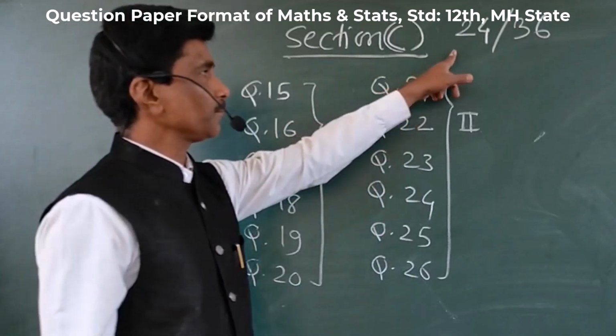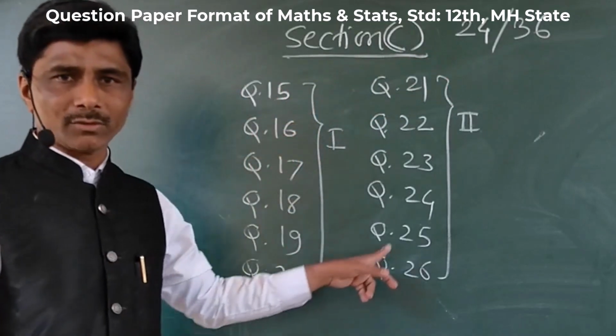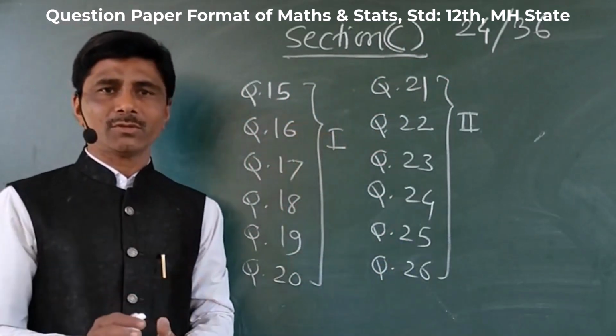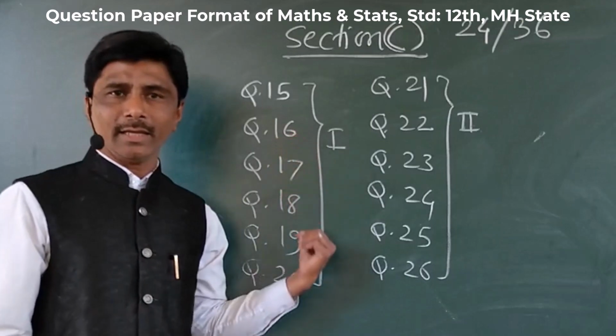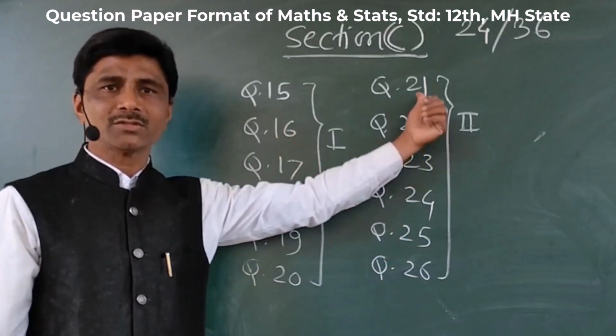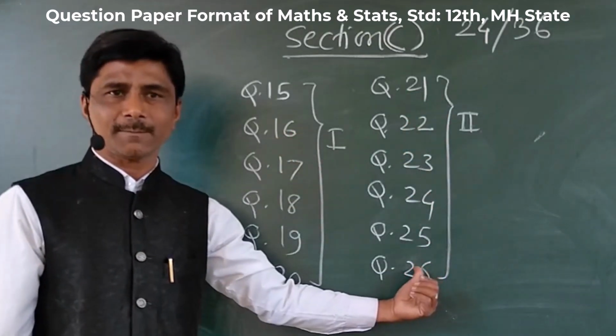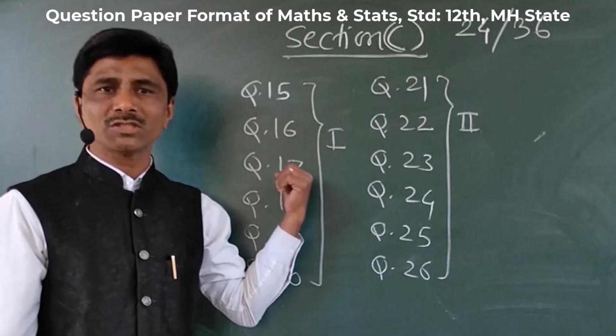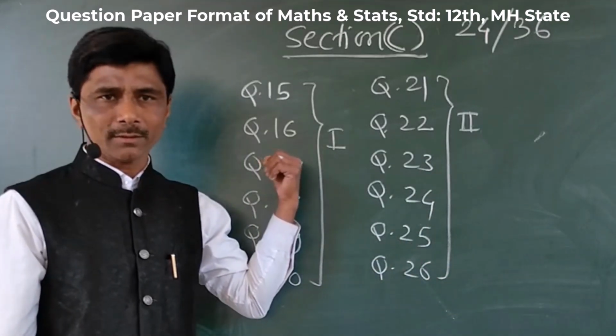So section C contains 12 questions, and out of those 12 questions you have to solve any 8. If you solve the 6 questions from the second part, then you need to solve 2 questions from part 1.